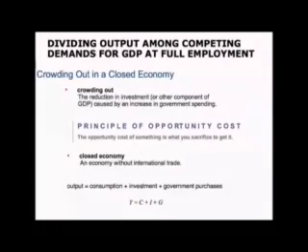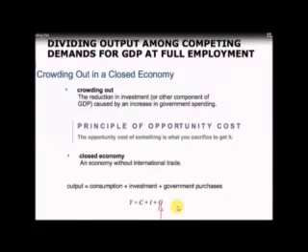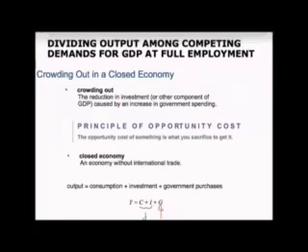So suppose we thought that government expenditures went up. Well, if there's no change in potential output, then Y, or output, is not going to change. If that's the case, and government expenditures rises, well, we must have a drop in the other things that make up output in order to make it still the same level of output.